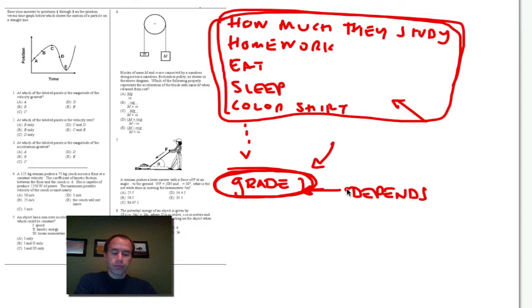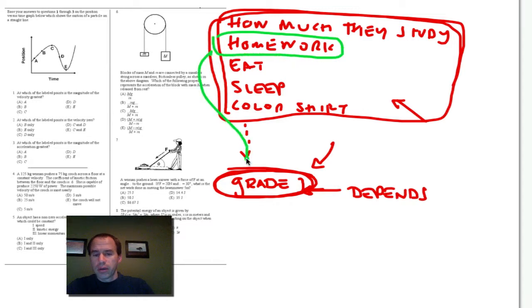So let's say we decided we're going to see how doing homework will affect your grade on a physics test. What that means is we can set up a lab. Maybe we pick 10 students, and we have them each do a different amount of homework. Some of them are going to do a lot of homework, some are going to do no homework, and everywhere in between.